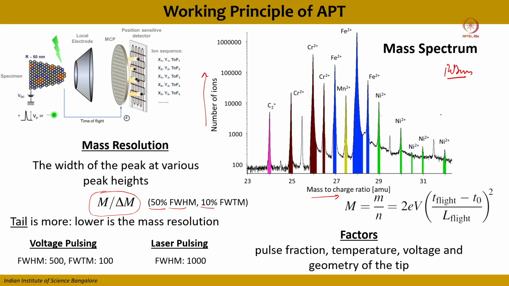It might be possible that during HV pulsing, the ions may be detected at these lower voltage values, which creates a spread in the detection of that particular mass to charge ratio ion. It creates a broadening of the peaks, and this broadening is directly related to your mass resolution, which is given by m by delta m.